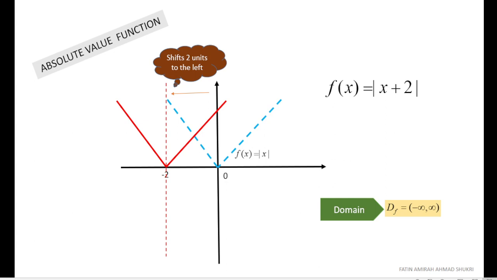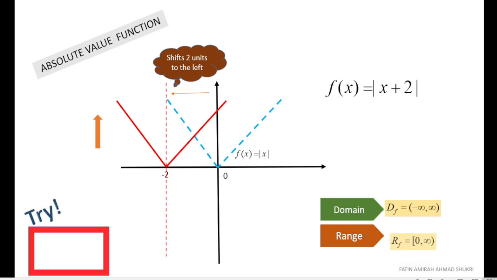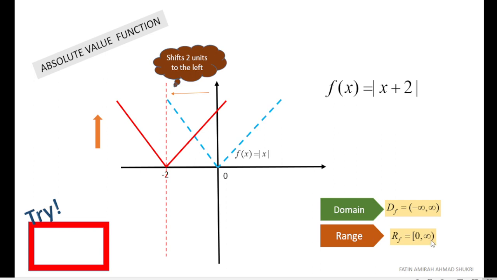Okay, you read from bottom to up. The red graph starts at the x-axis, so that means y is 0. So 0 upwards. Okay, so the range will be 0 to positive infinity.